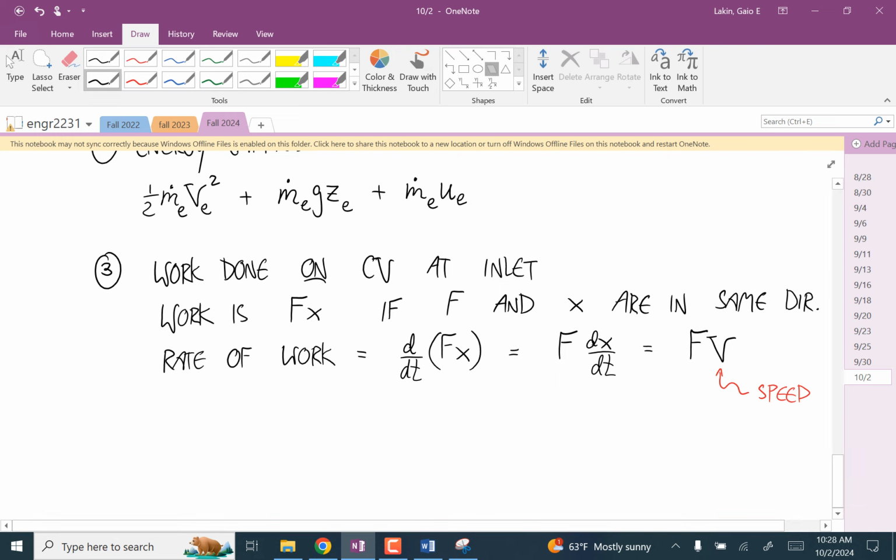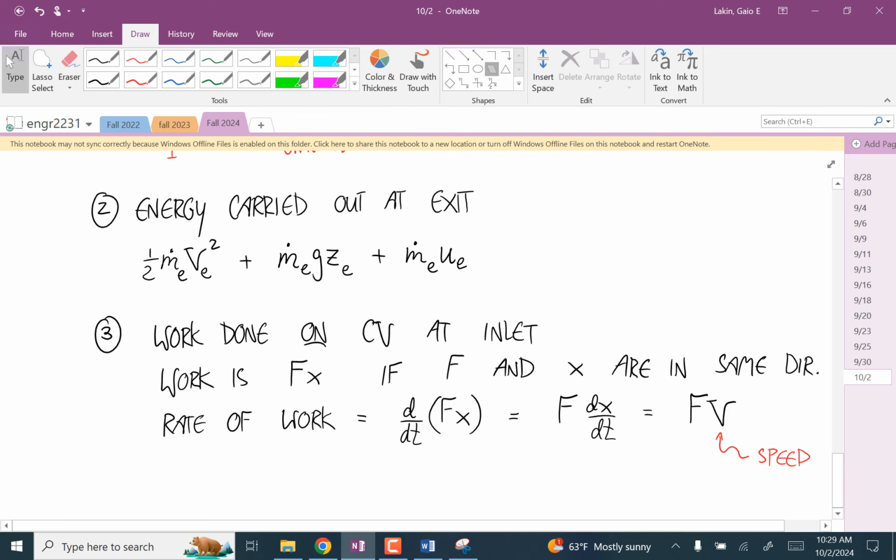And so now how are we going to express these two things? Well, I said that this force is caused by the pressure, and we want the pressure that the surroundings are applying to the control volume.